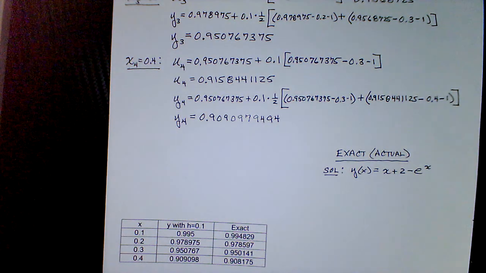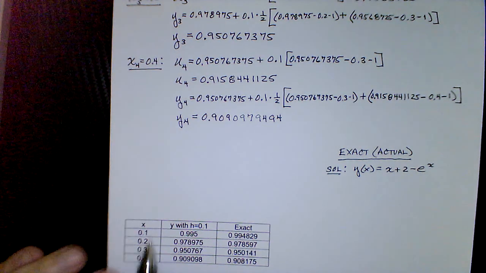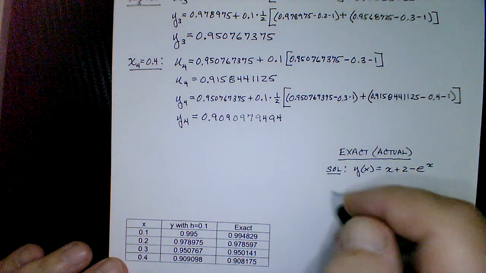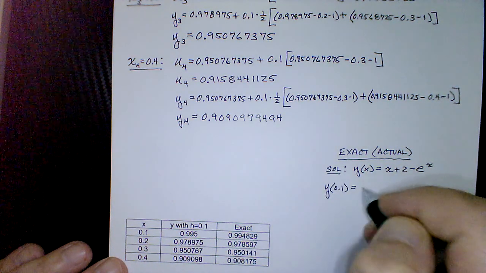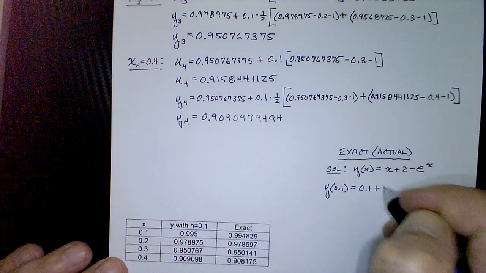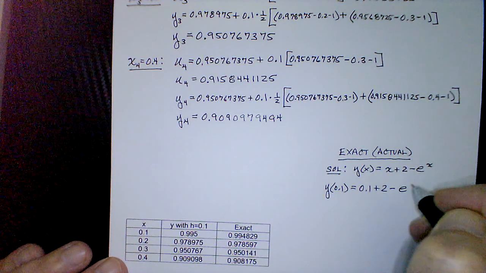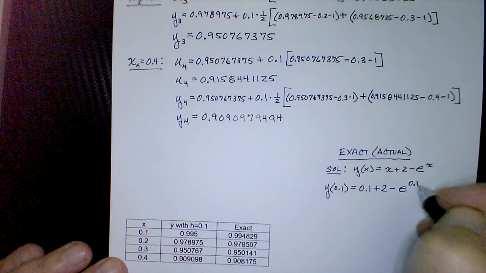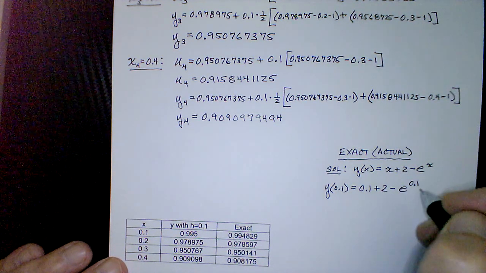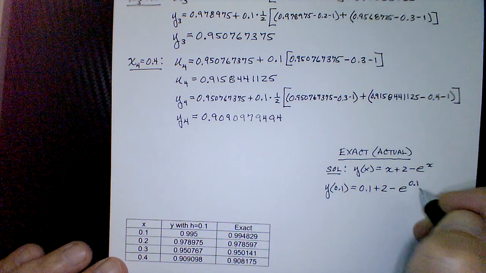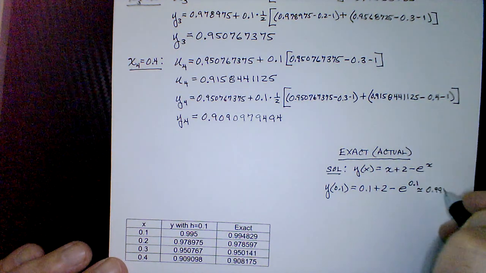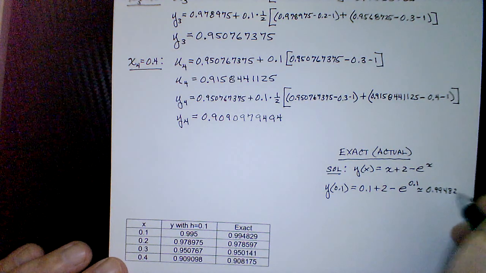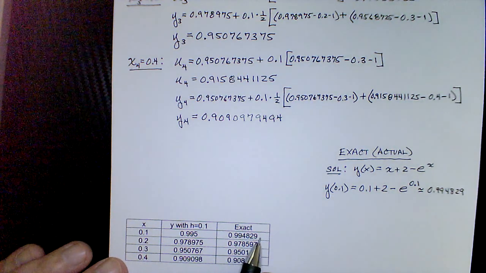Recall in part A. And that's what we used to find the actual at each of these x values. So if you wanted y of 0.1, it's just 0.1 plus 2 minus e to the 0.1 power. And you're going to get approximately this 0.994829, the first value I have listed in the table.